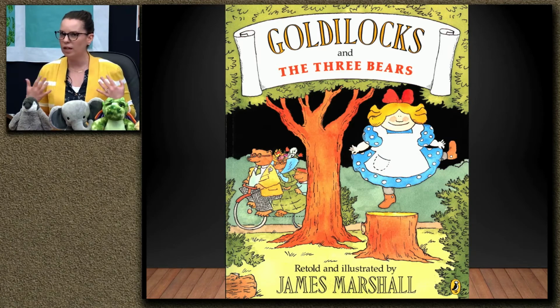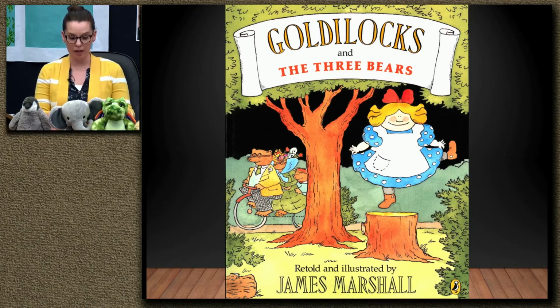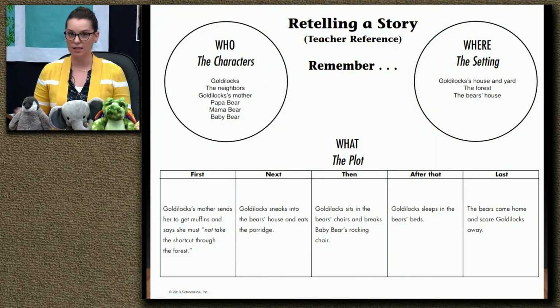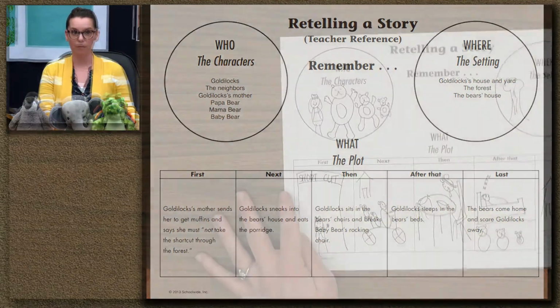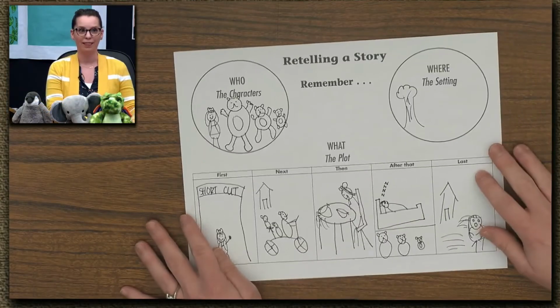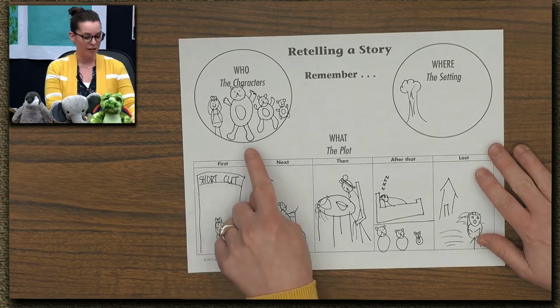Now, before we even get started, let's reconnect with this story by retelling what we remember. And we're going to do that by rereading our graphic organizer that we created. It kind of looks like this, but I have it here, Mr. Kevin, for them to see my drawings. There we go. We have the characters.